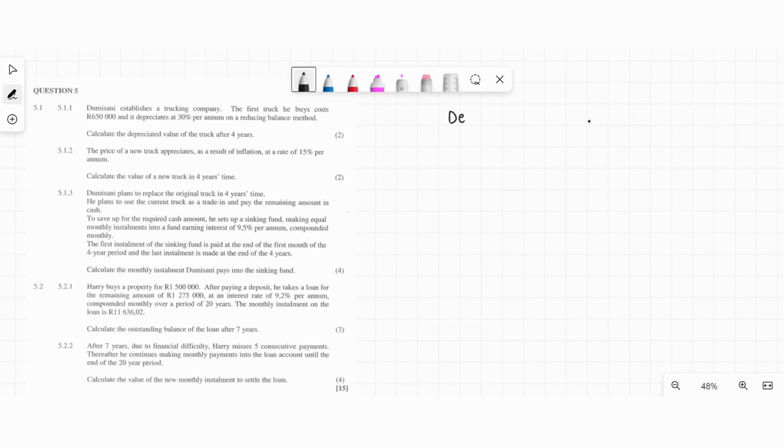So this was the depreciation amount. From our previous calculation, we see that it depreciated by this amount and the new truck appreciated by this amount. To find how much he needs to save up and know the monthly installment through the sinking fund, we need to take the difference of these two. So you're going to say the appreciation minus the depreciation.